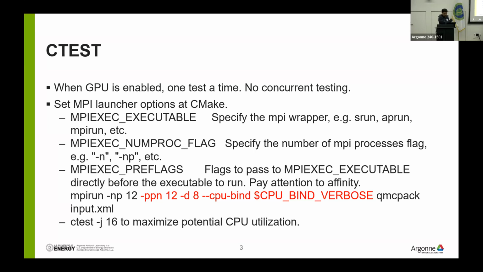If you run QMCPACK as in this line, with mpirun, this is your line. You basically take the red part and send it to the preflags. That will propagate to your CTest run, making sure that the CPUs don't cluster on the same one.